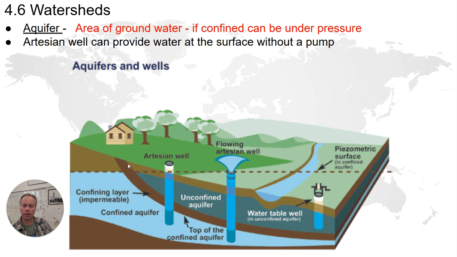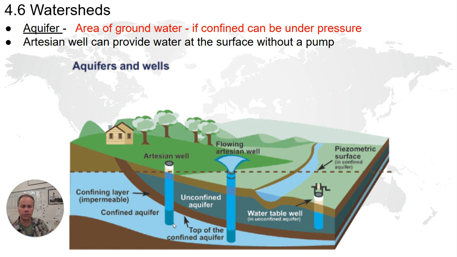There are other types of aquifer that are contained. There may be a layer of clay, for example, that's confining the aquifer below it. It's a confining layer, a layer that's impermeable to water. We can also dig a well into these confined aquifers.